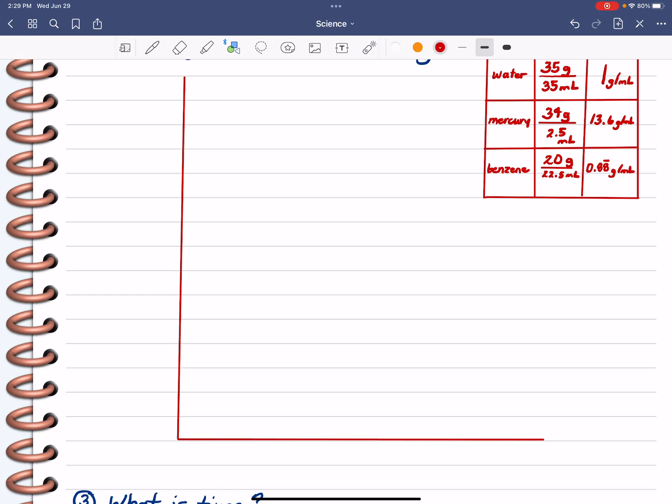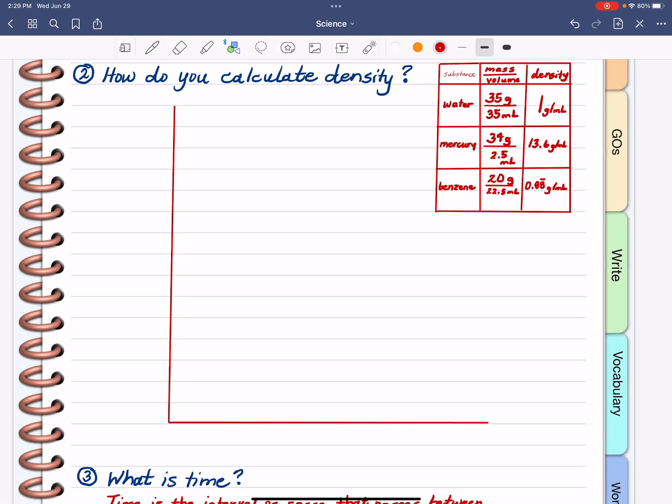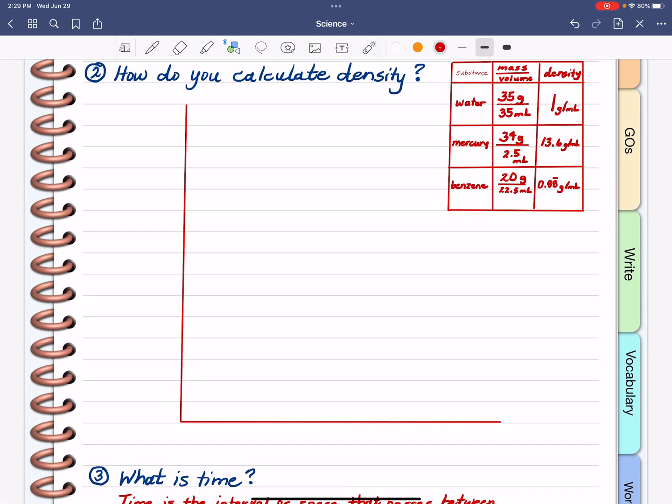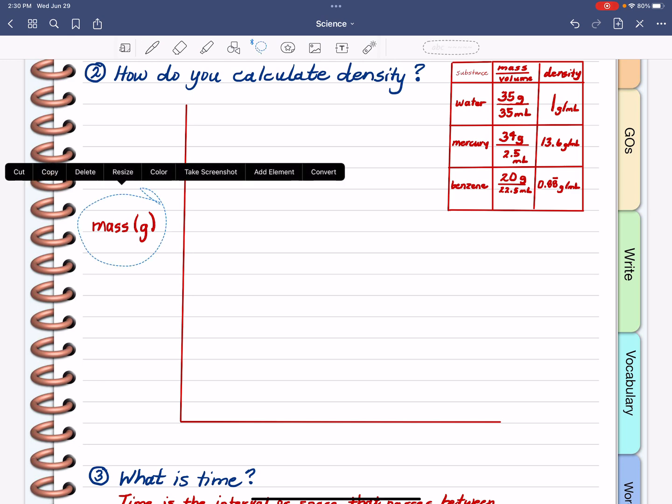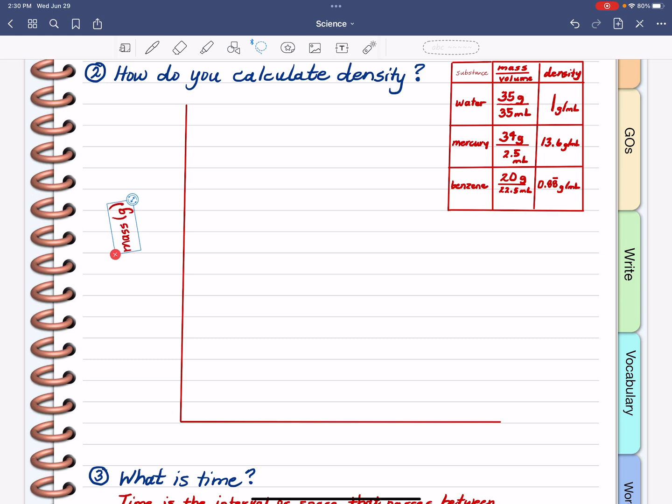So we have the y-axis, which is the tall axis, and we are going to graph mass on the y-axis. Let me do it first. You watch me, and then you can do it. So mass, and that's measured in grams. And I'm going to turn that around. So you go ahead and do this too.